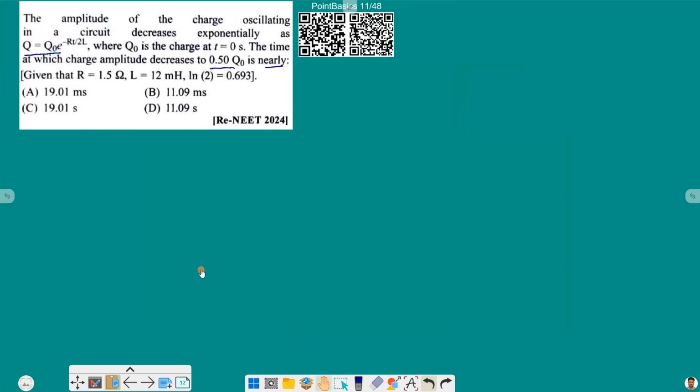Here we have an inductor also, because L is also mentioned. So the discharging equation is Q equals Q node e raised to the power minus RT by 2L. We have to find the time at which the charge amplitude is 0.5 of q node. 0.5 of q node means half of q node, so Q becomes q node by 2, equal to q node e raised to the power minus RT by 2L.